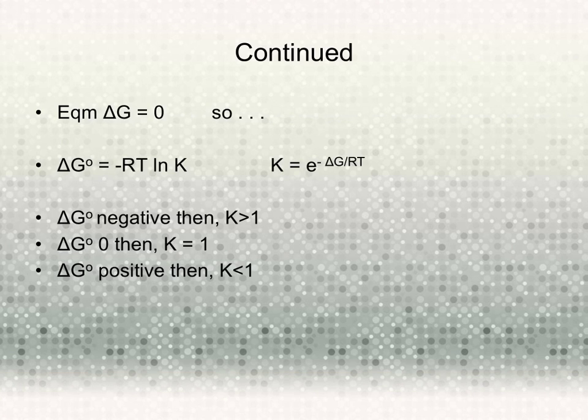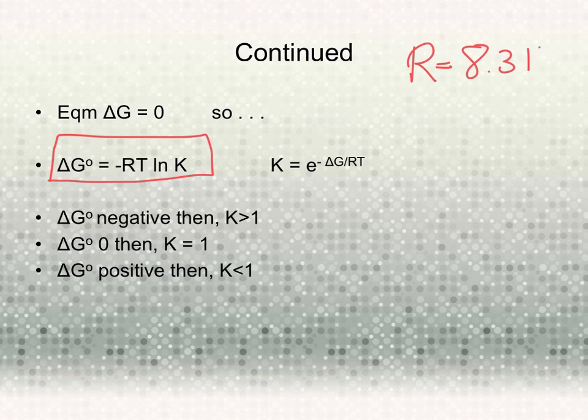And so your ending equation that you will most likely be using will be delta G 0, the standard free energy, equals negative RT natural log of K. R, again, is the 8.314 joules per mole Kelvin, and T is temperature in Kelvin.